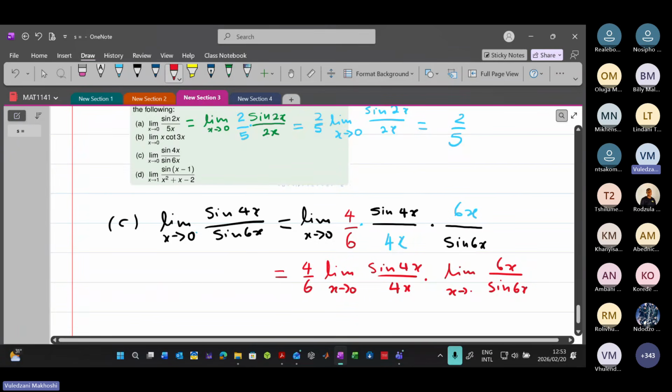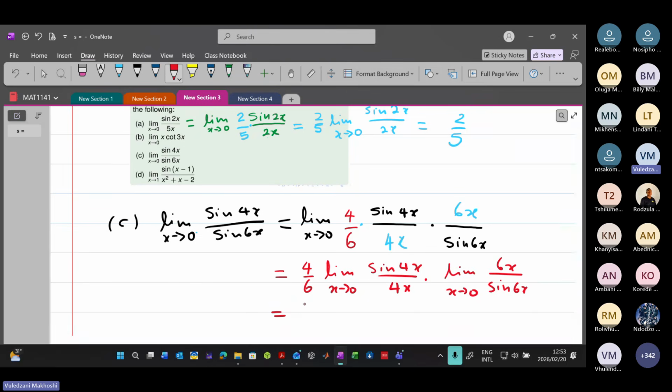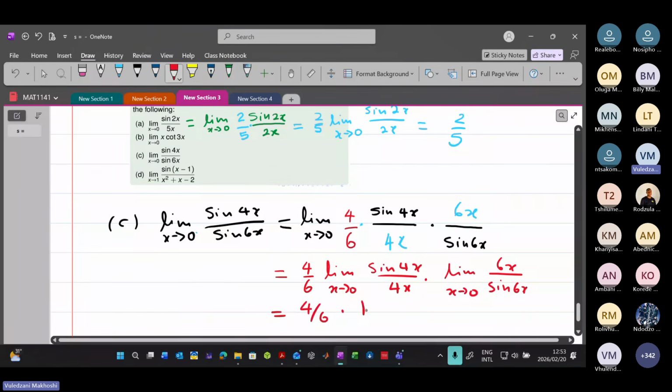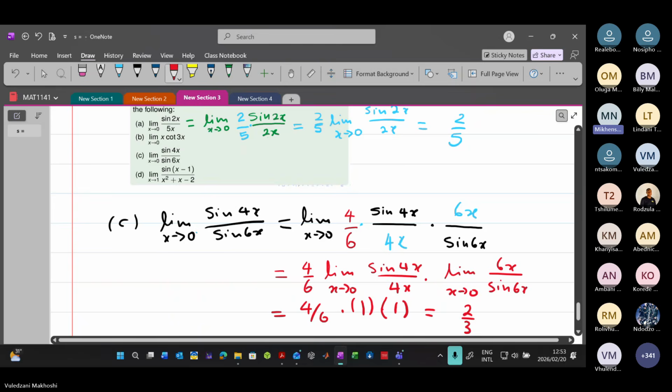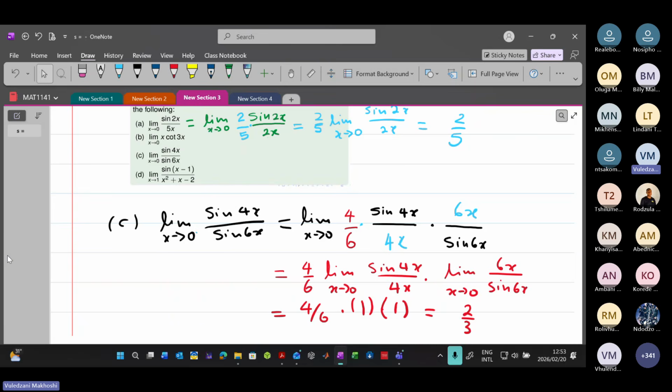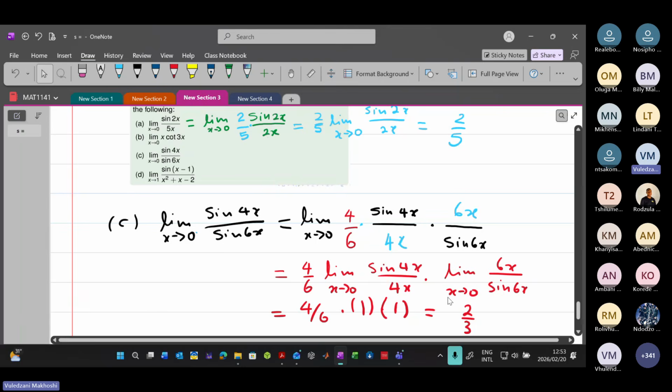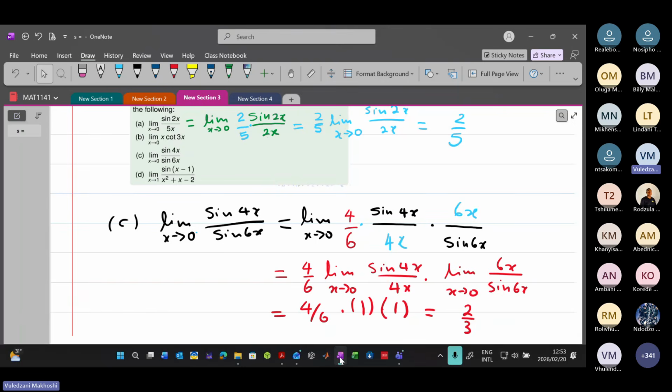Once we have that, we know this is 1 and this is also 1. So we have 4 over 6 times 1 times 1, which is just 2 over 3. Like that.